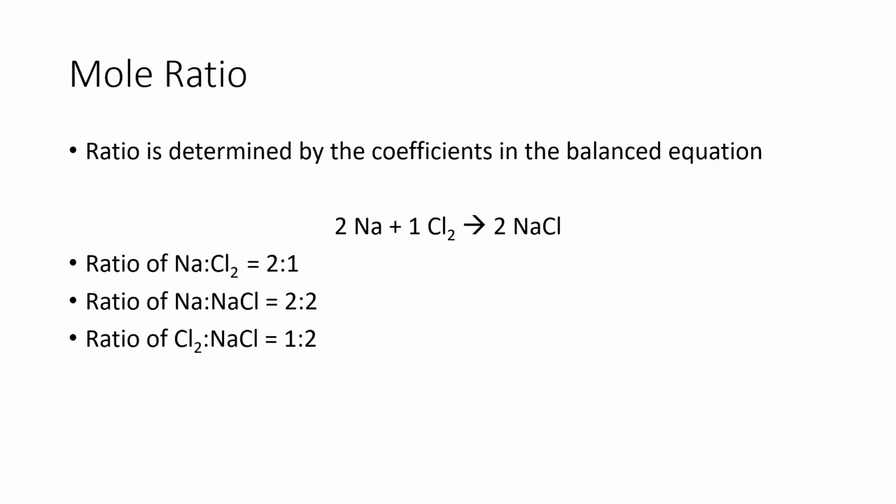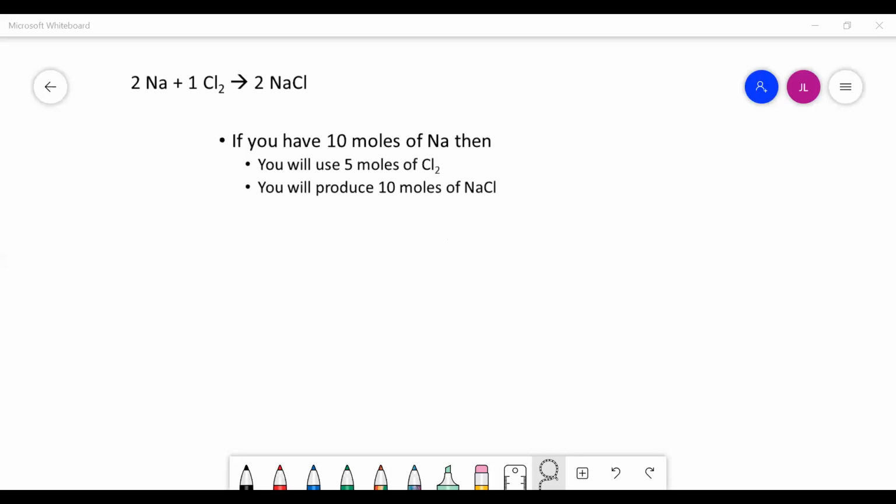So how do we use that? If we think about the same thing, we have our sodium plus chlorine gives us NaCl. If you have 10 moles of sodium, then you'll use 5 moles of chlorine. So how do I show that?